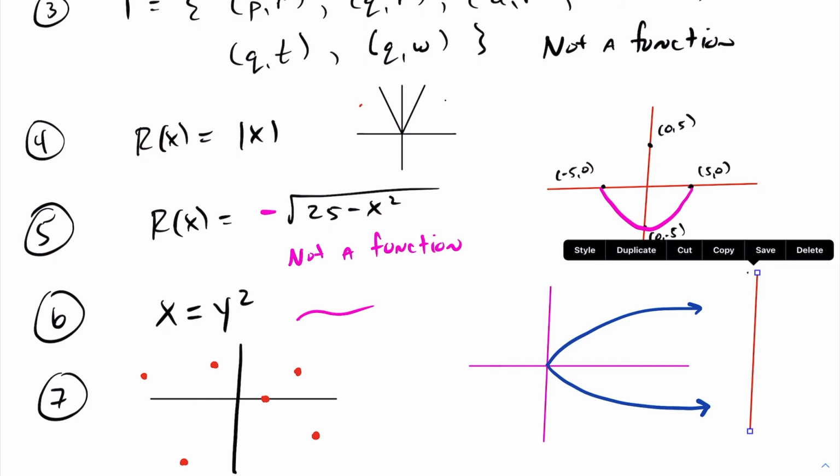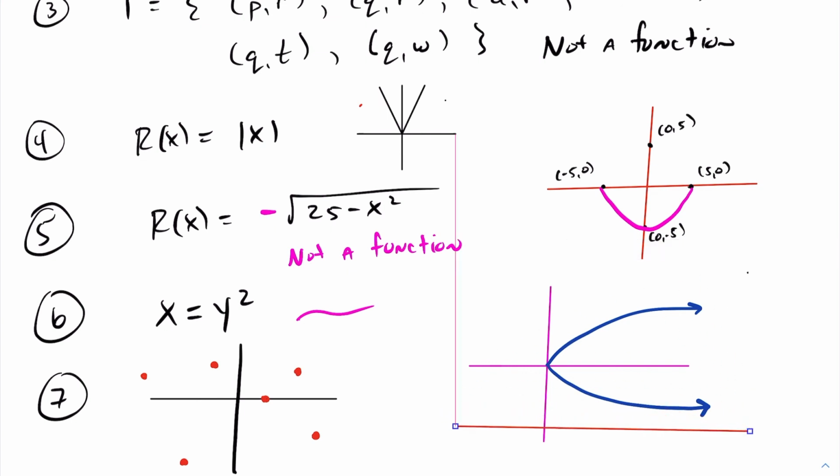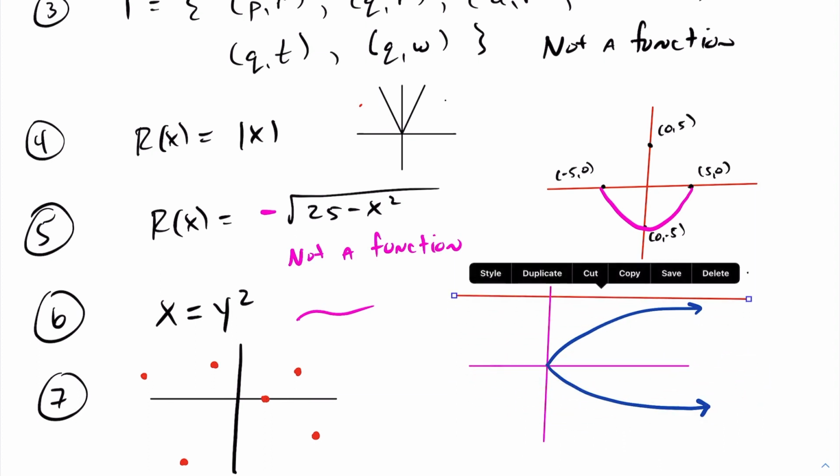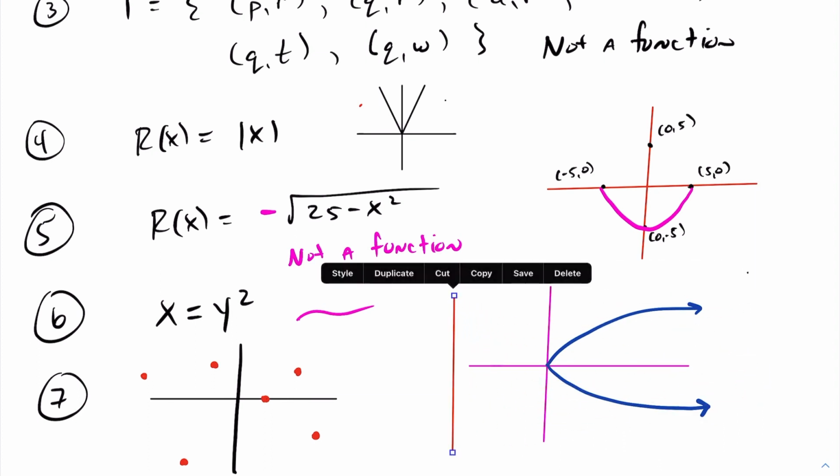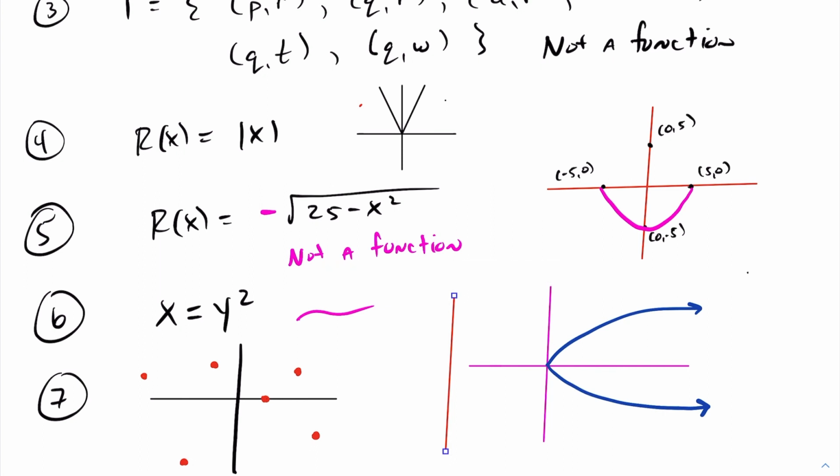I use the term not a function in x because it actually is a function in y, because if you apply the horizontal line test, which tests whether you have a function in y, you see it doesn't cross twice. But the focus for grade 12 and even first year university is: is this a function of x? We're looking at functions on your x-axis. So in this case, for a given x there are two different outputs, and therefore it is not a function.